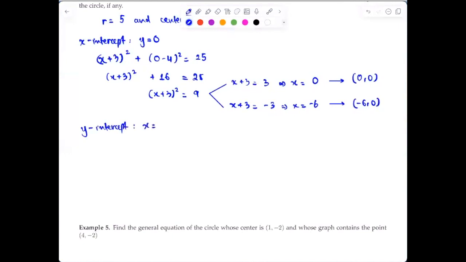What is x equal to? 0, right? So you do 0 plus 3 squared plus y minus 4 squared equal to 25. Or 9 plus y minus 4 squared equal to 25. Or y minus 4 squared equal to 16.